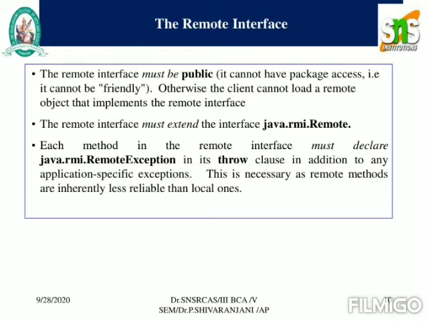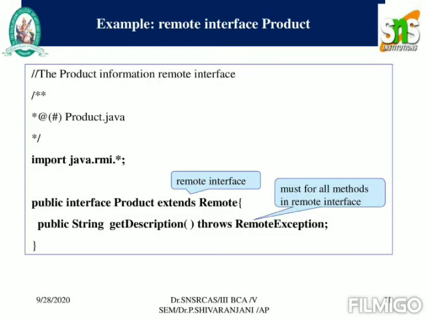So this is an example of the remote interface product. Here I have used a package import, java.rmi. This will help you implement the concept of RMI in your program.